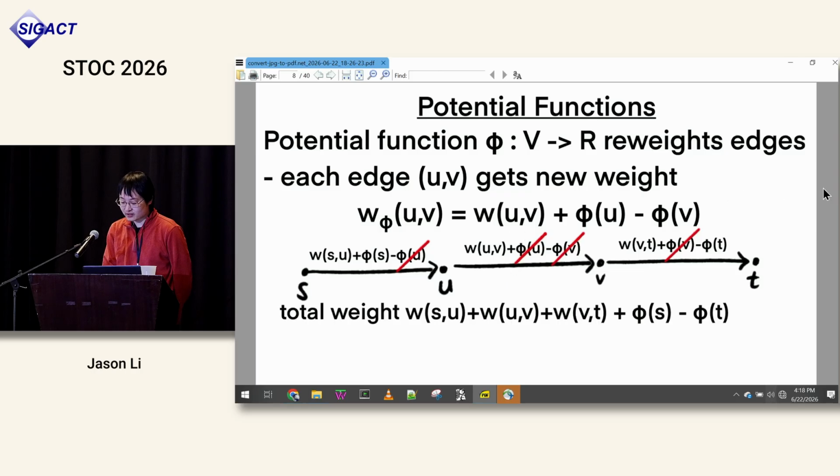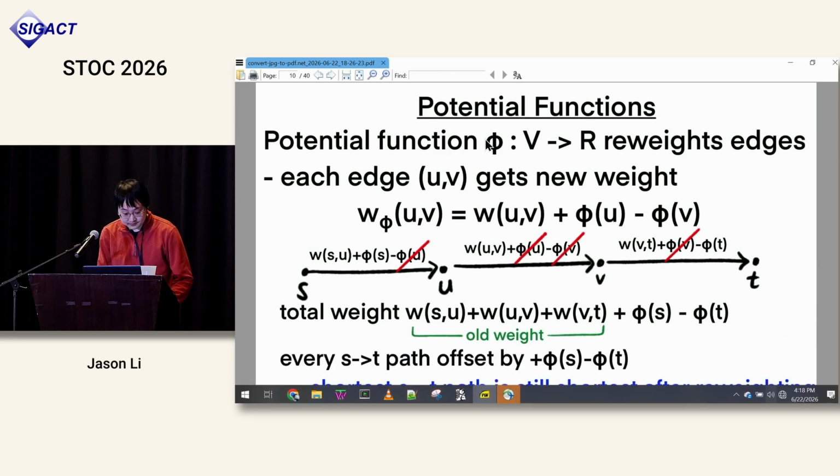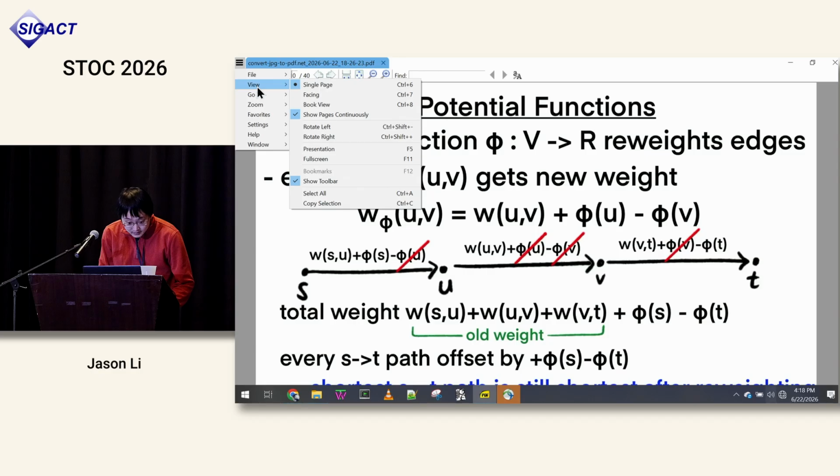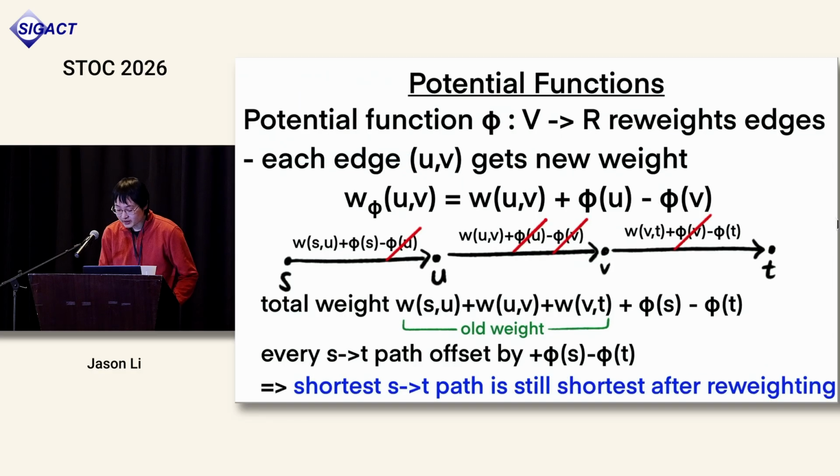And what we get is that the total weight is just the old weight plus phi s minus phi t. So in particular, the shortest path is still shortest after reweighting, because every path gets offset by the same additive plus phi s minus phi t once you fix s and t.